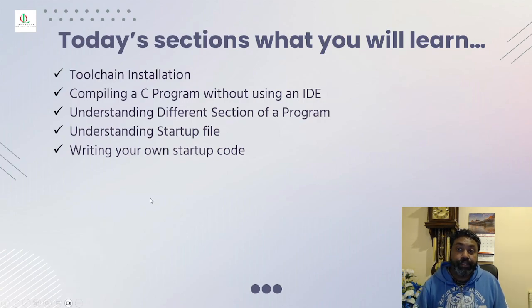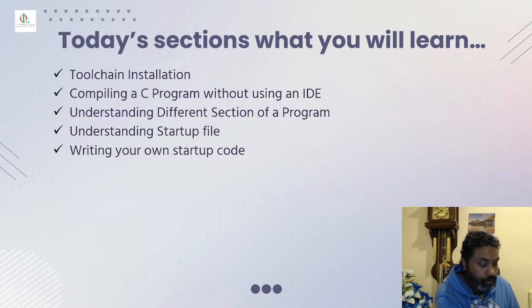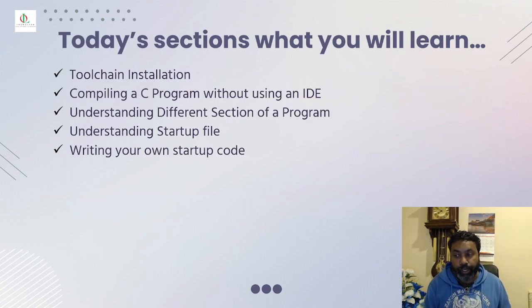In today's sections, this is what you will learn. You're going to learn about a toolchain installation, where you understand the startup file and you're going to download a GNU tool. I'm sure you have already downloaded STM32CubeIDE by now.